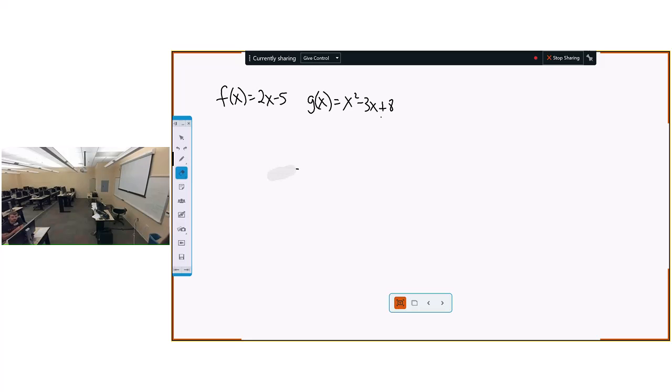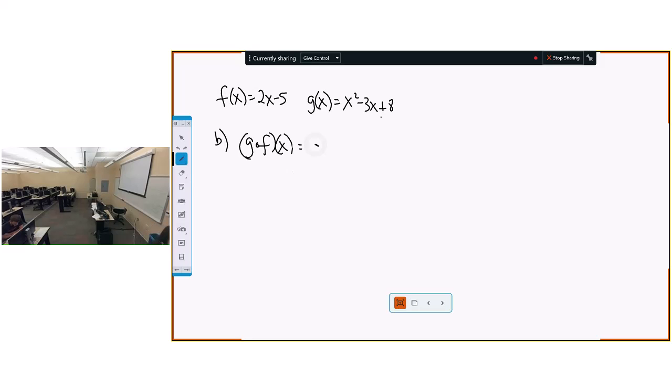Okay, so now we want to find g of f of x, which we know is g circle f of x.